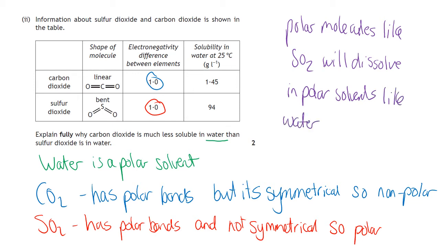Or something along those lines. Say, water is a polar solvent, so it will dissolve polar molecules like sulfur dioxide. You cannot write the phrase "like dissolves like." You need to specify that it is a polar solvent dissolving a polar molecule. In this instance, "like dissolving like" never gets you a mark.